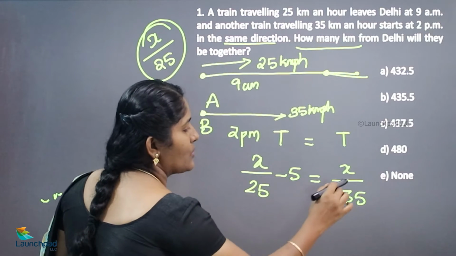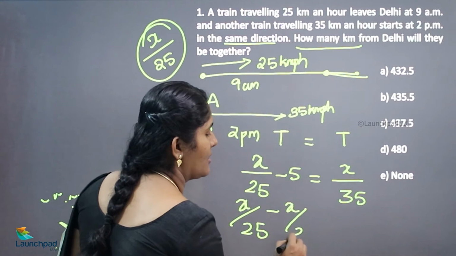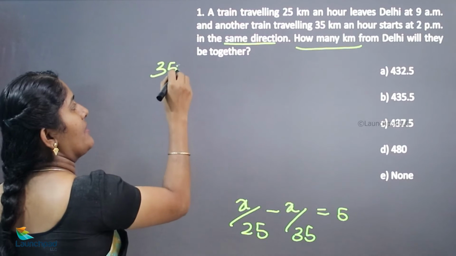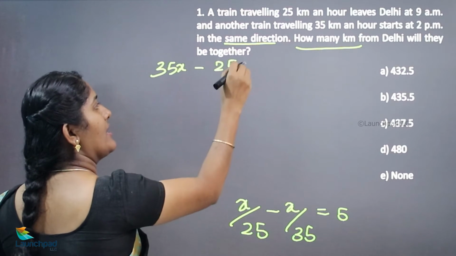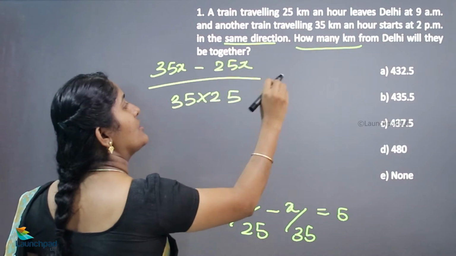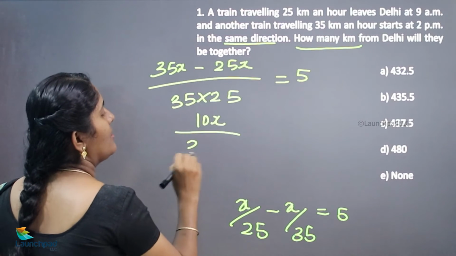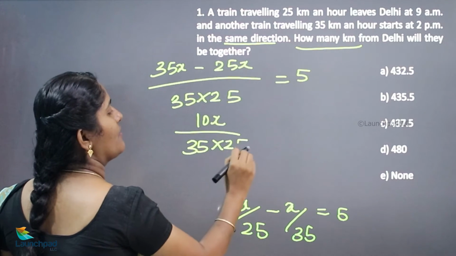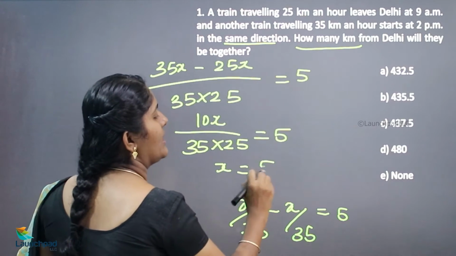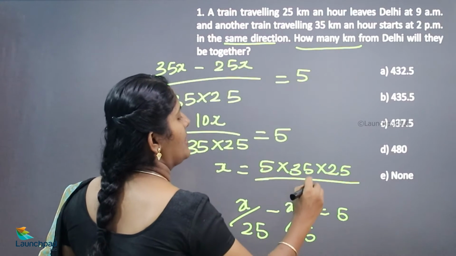So x by 25 minus x by 35 is equal to 5. So (35x minus 25x) by (35 into 25) is equal to 5. So 10x by (35 into 25) is equal to 5. Now x is equal to 5 into 35 into 25 divided by 10.